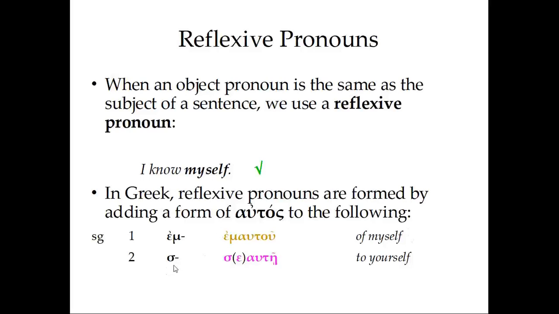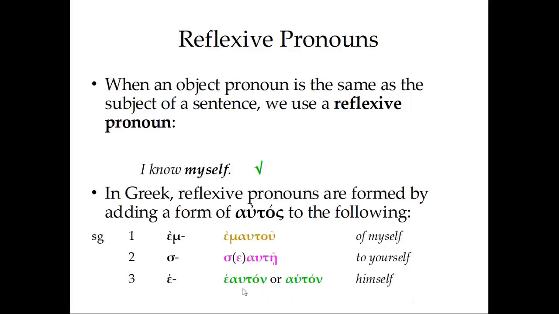In the second person singular, we start with sigma, and we have here an optional epsilon as well. But we add to that sigma whichever form of autos that we need. So in this case, if we needed the singular feminine dative, we would have it be seaute or saute, which would mean something like "to yourself." And finally, third person singular, it's this he.